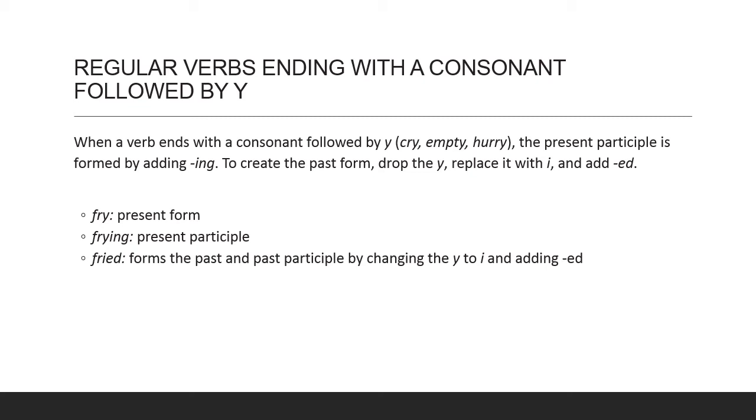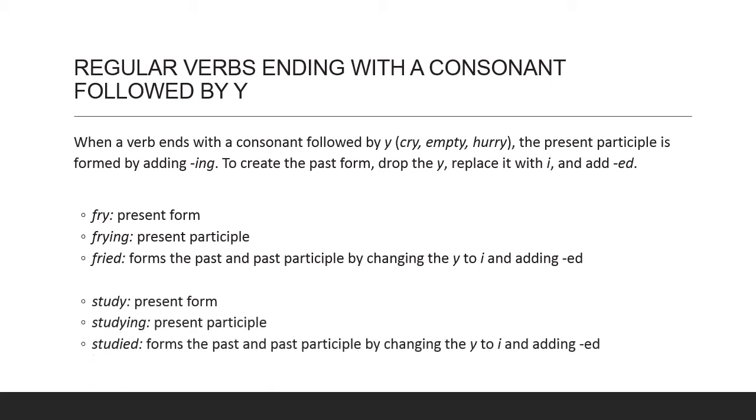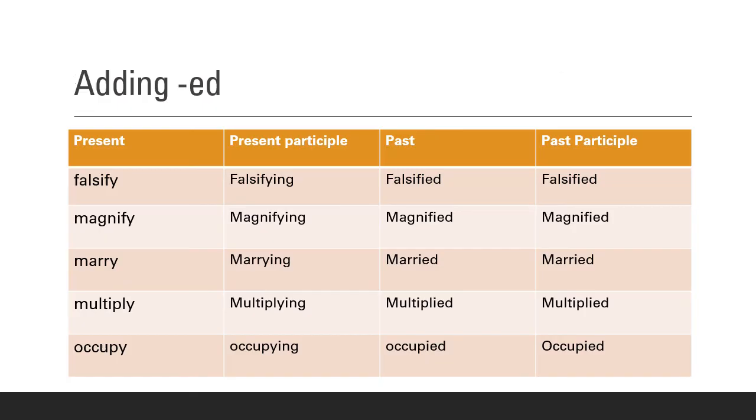And fried becomes where the Y is removed and we use I and then add ed, fried. So this only happens when the verb ends with a consonant followed by Y. Similarly, study is studying and then studied. We remove the Y and add I and then ed.